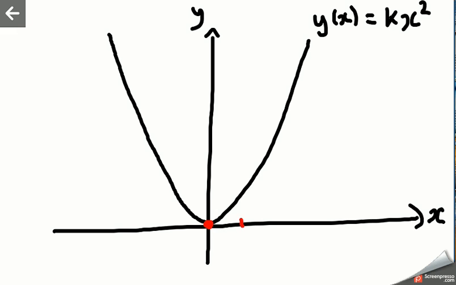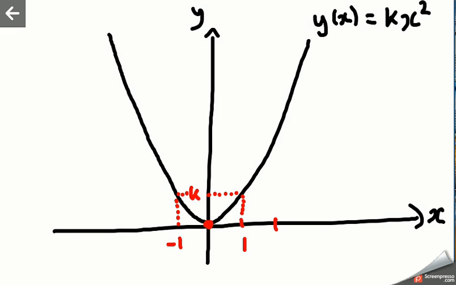Okay, when x is equal to 1, y of 1 is equal to k times 1 squared, which equals k. So k is what comes out of our function when we put x equals 1 into it. Similarly, when we put x equals negative 1 into the function, we get k out. So it's symmetric on both sides.